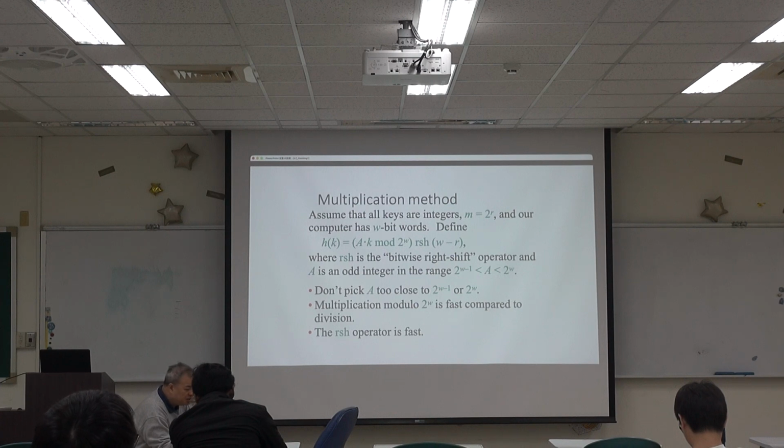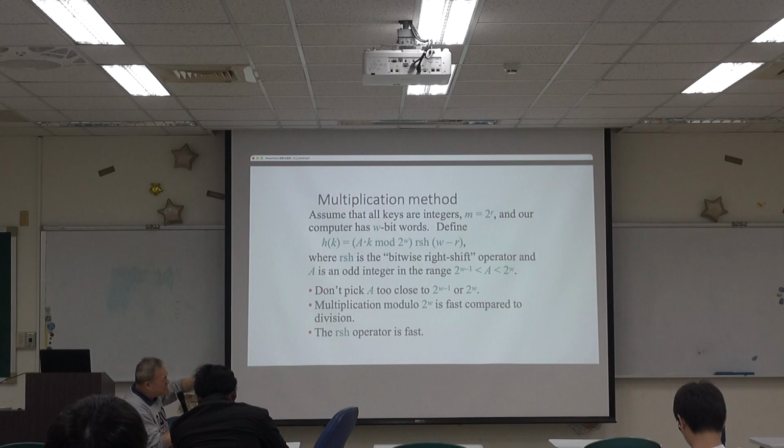Since we talk about hardware acceleration, we need to consider some factors in hardware, such as the length of the word in your computer. So we define your hash function h(k) to be (k times a) mod 2 to the power of w, then rsh by w minus r.